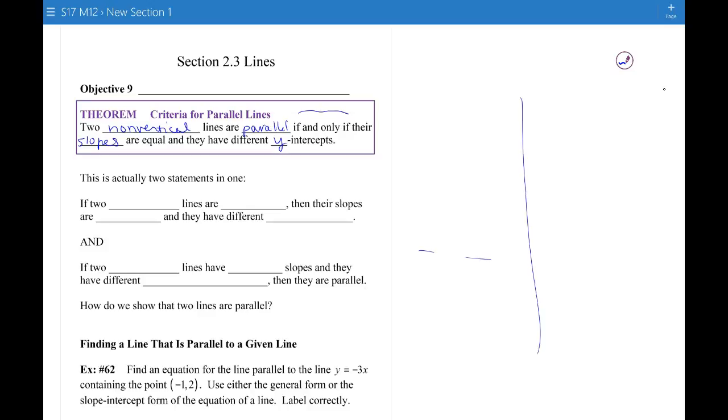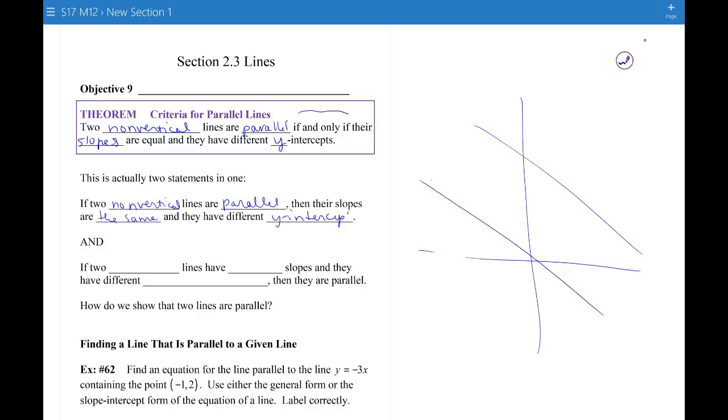So you have two lines whose slopes are the same but have different y-intercepts. So this is actually two statements in one. If two non-vertical lines are parallel, then their slopes are the same and they have different y-intercepts.